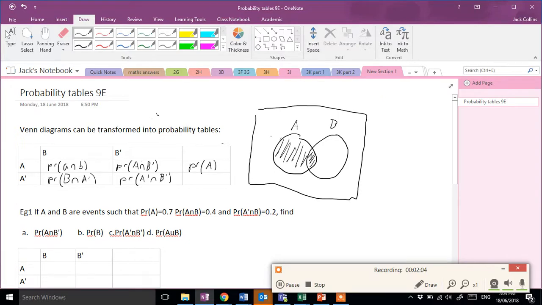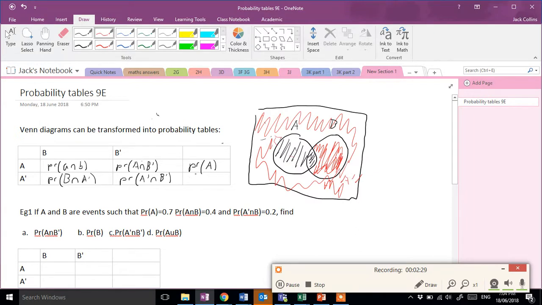Okay, so then if you add this together, so probability of B and not A and not B, so that's all the outside here, which is A dash.